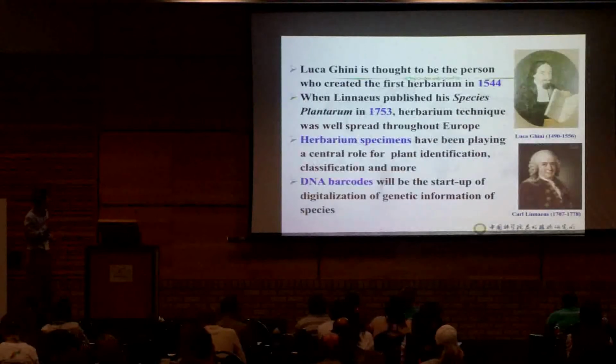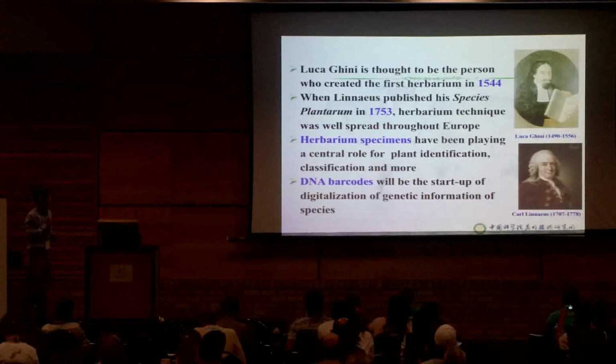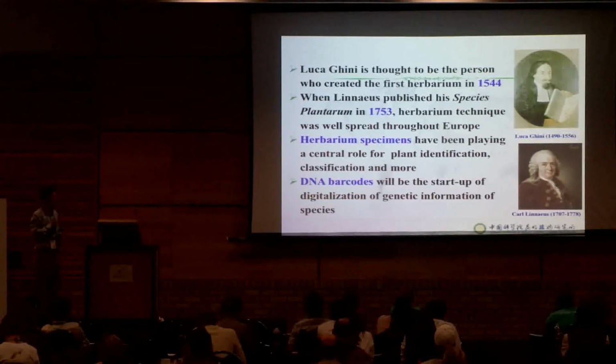And so I think as botanists, the use of Herbarium specimens is a milestone for taxonomy. And of course, I mean Linnaeus, the use of binomials for plants is also one of the most important steps.